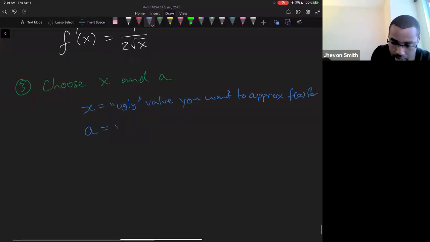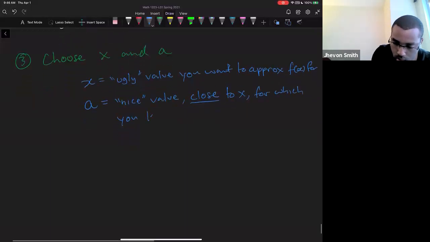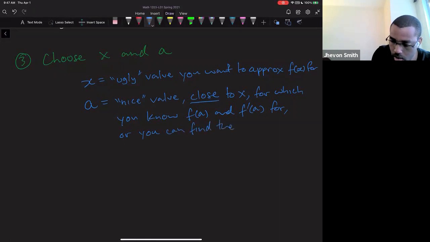A is a nice value close to x for which you know f of a and f prime of a, or you can find them relatively easy.